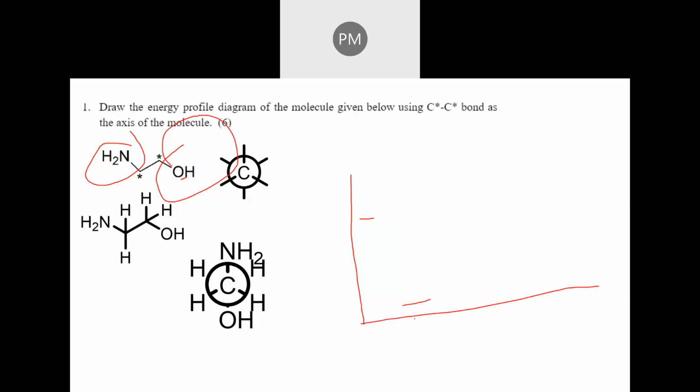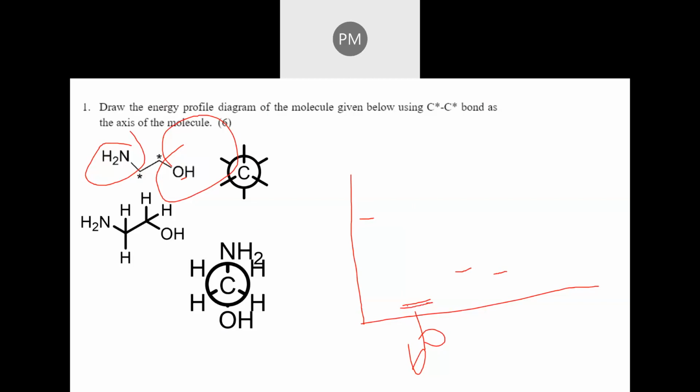So the gauche conformation comes around 60-degree rotation. So this one will be 60, and the 60-degree rotation is the most stable. After 60, at 120 degrees there is the eclipsed conformation, then 180 degrees will be our anti-conformation, like this one.